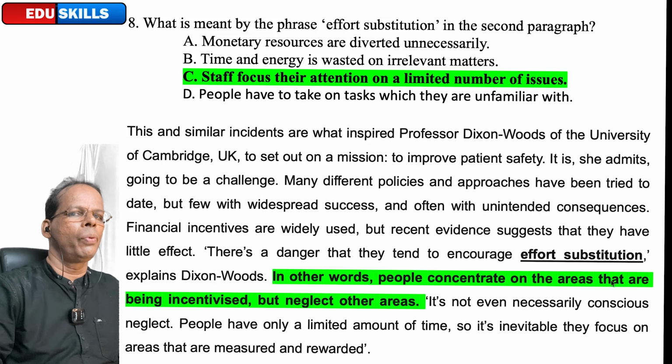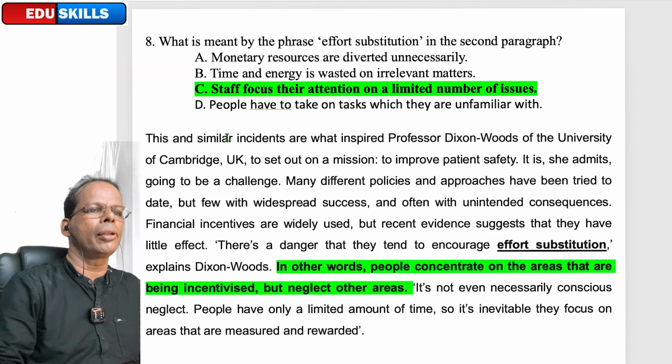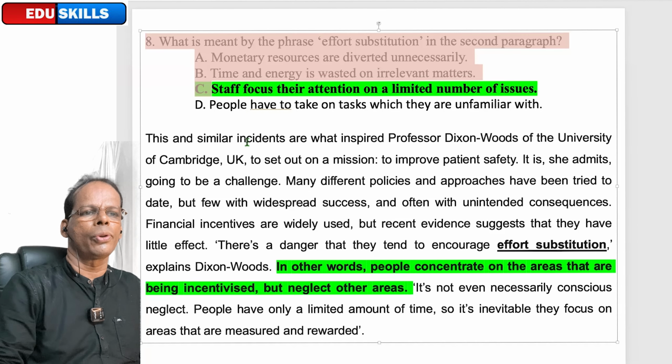In other words means the same thing being explained, right? People neglect the areas that are not incentivized. Did you get me? So the staff focus their attention on a limited number of issues. Other areas are neglected means limited areas.